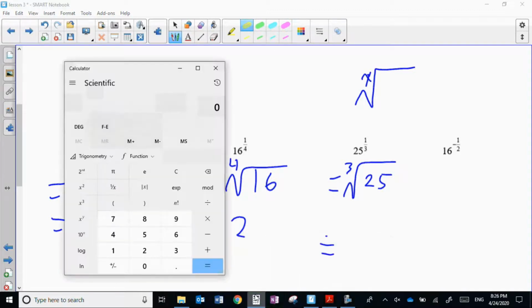On mine, I don't even have that. But here's the nice thing: I have an exponent button. If I just want to know what 25 to the power of a third is, I can just use the exponent button. I don't need a radical button. 25, power, brackets, 1 divided by 3, end bracket, equals. It's about 2.92.